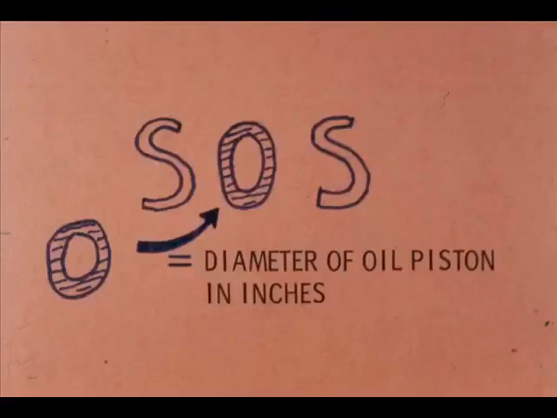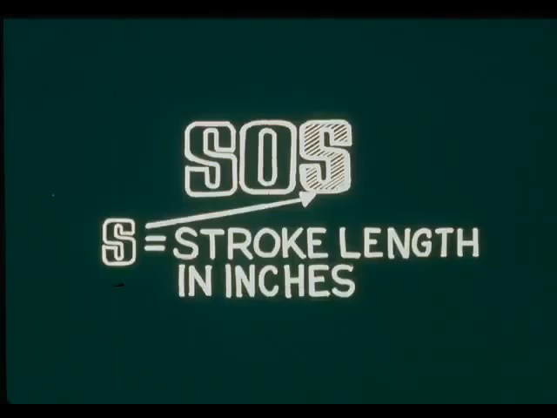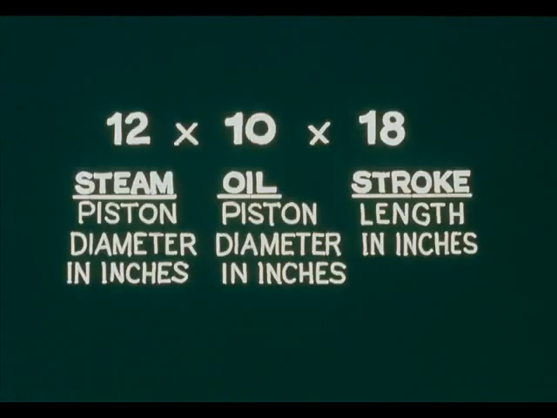The second number is the diameter of the oil piston in inches. The third number is the stroke length in inches. A 12 by 10 by 18 steam-driven reciprocating pump has a steam piston 12 inches in diameter, an oil piston 10 inches in diameter, and a stroke length of 18 inches.